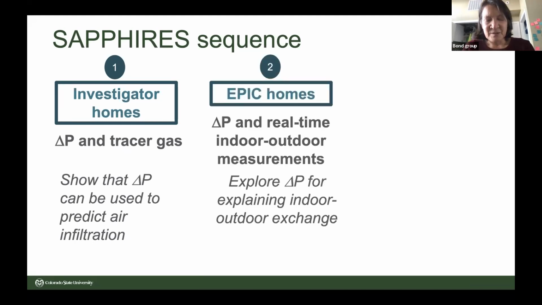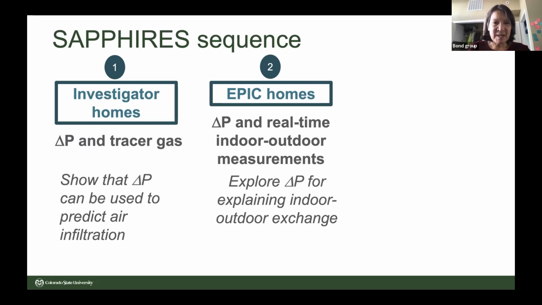The next thing we're going to do, or this might go on in parallel, is work with Ellison's Epic Homes project. And there are already real-time indoor and outdoor measurements. These are not trivial to do and part of a whole other project. And so Ellison's project is supporting real-time measurements. We've seen that presented in these group meetings before.